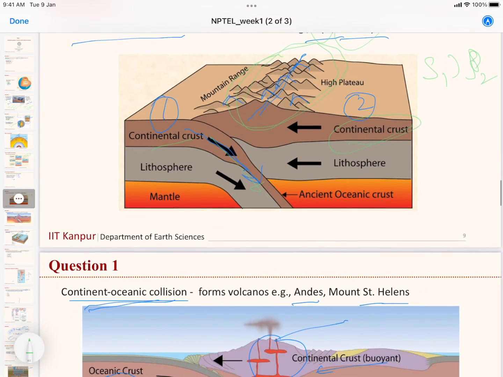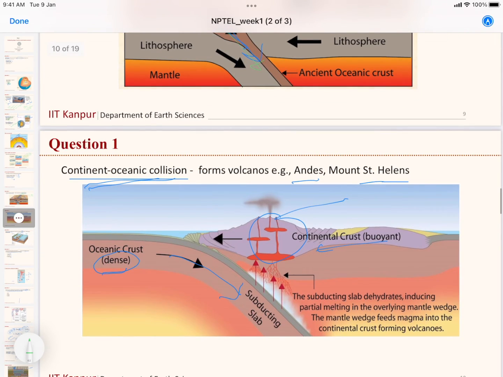Now moving to the second type of collision, that is the continental and oceanic collision. Here we know, as we have just discussed, that oceanic crust is denser as compared to the continental crust. So it's obvious that the oceanic crust will subduct under the continental crust.